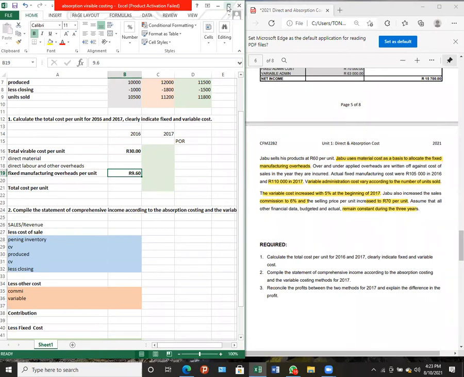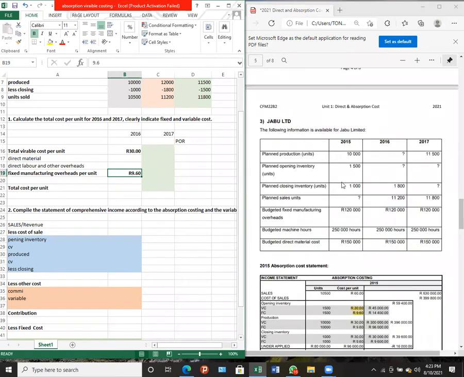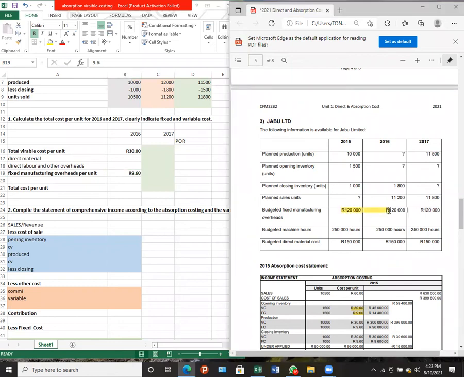This 9 rand 60, guys, is your applied. And then here, guys, you're going to need to calculate the POR. Anyone want to give me the formula to calculate the POR? I hope all of us know the formula.